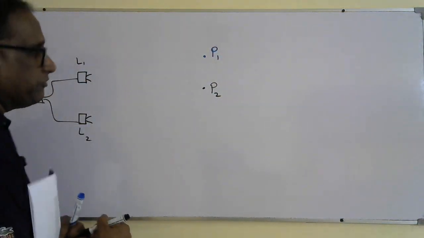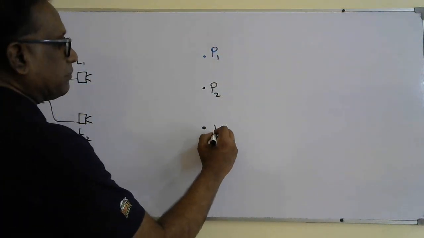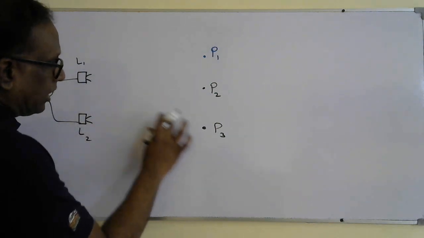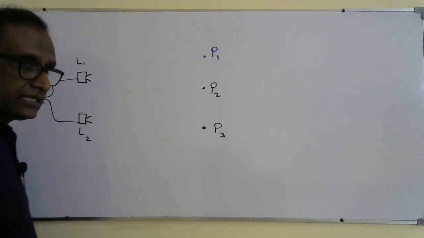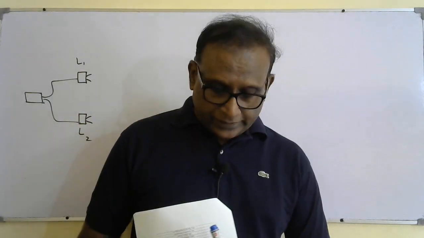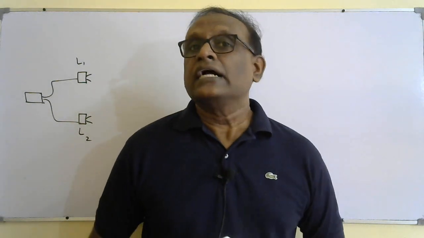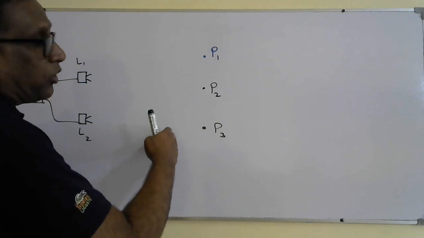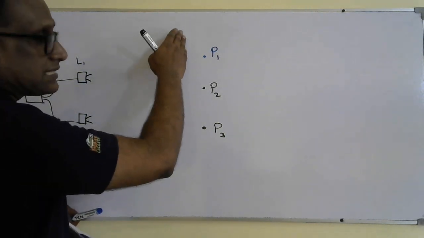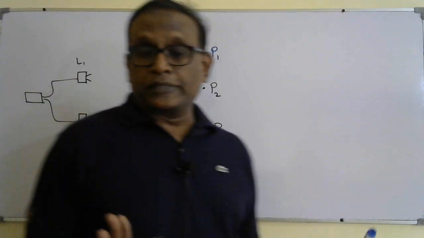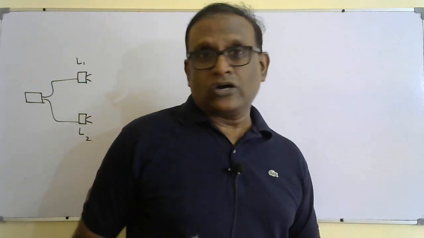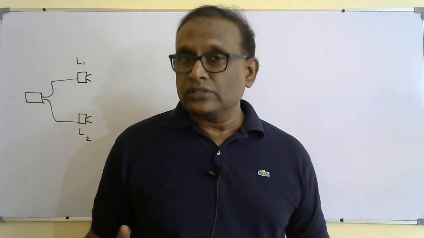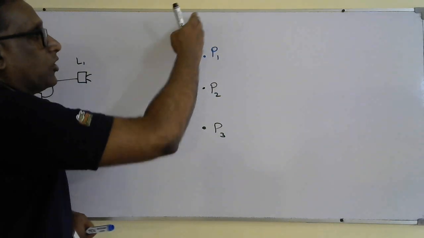Same way at P3, if you are getting a louder sound, that means the two waves are overlapping at P3 constructively. So in-phase superposition is happening, and you will hear a louder sound. Like that, in space at different points you will get either constructive or destructive superposition, louder sound or no sound. In between we don't consider, as I told. So we are identifying points in space with either louder sound or no sound.